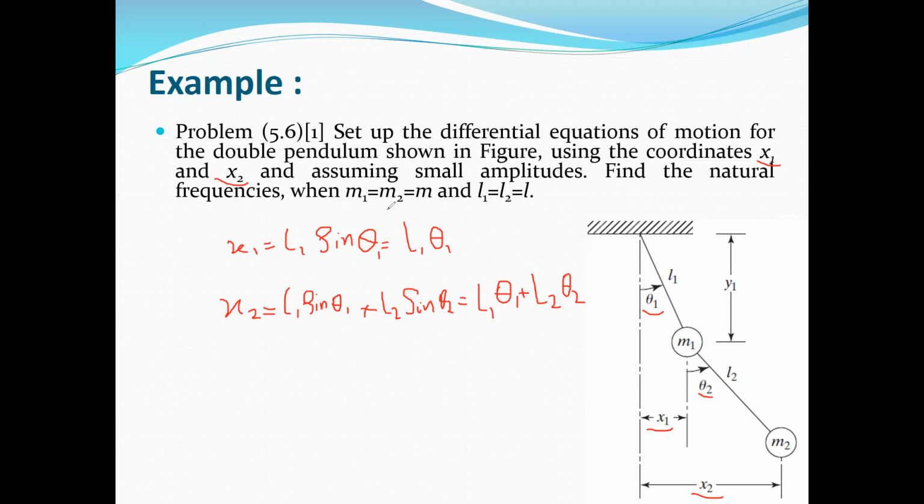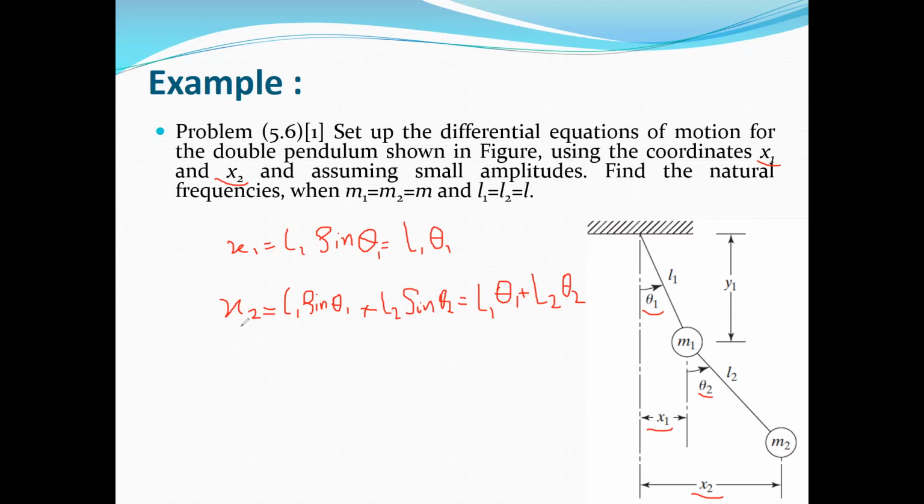So the point is here, if you want to extract the equation of motion, for example, assume that I give you this problem in the exam and I change the coordinate system and ask you to solve this system and extract the equation of motion for theta 1 and theta 2. I mean, this time you need to consider theta 1 and theta 2 as the generalized coordinates in your equation of motion.